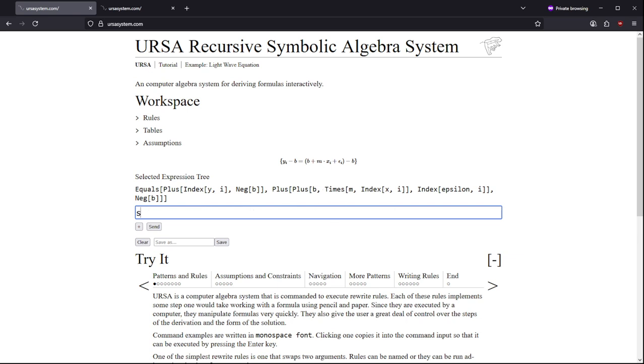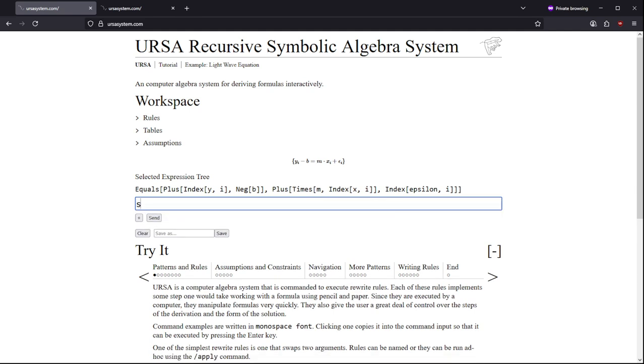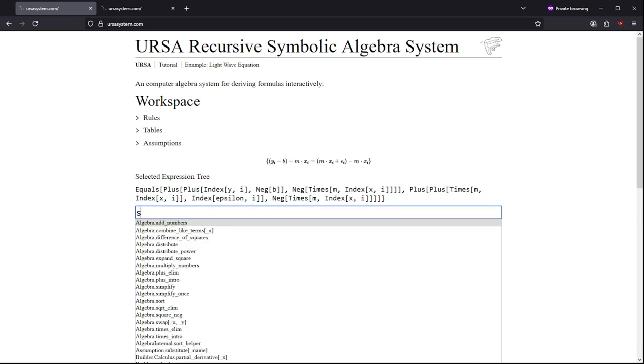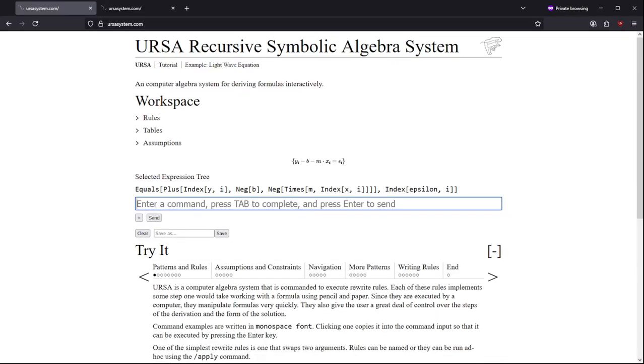Then I can say simplify, and that will cancel the plus b with the minus b on the right-hand side. And then I can say subtract m times index xi, which is x sub i, and then simplify again. And then we have something equals epsilon i.